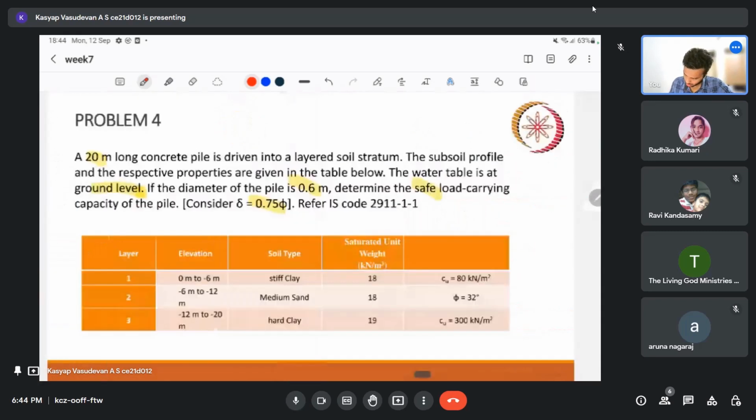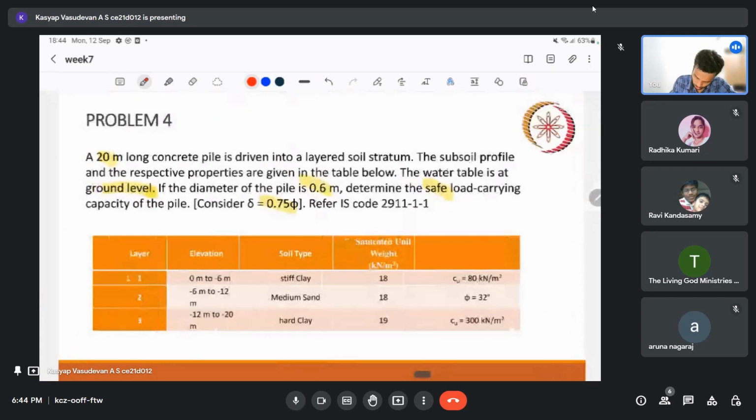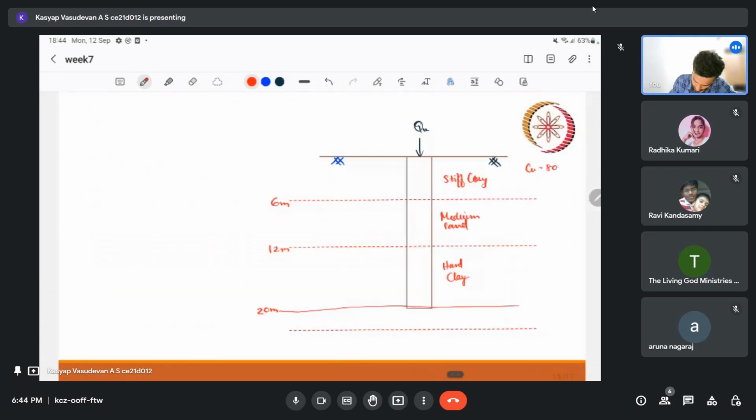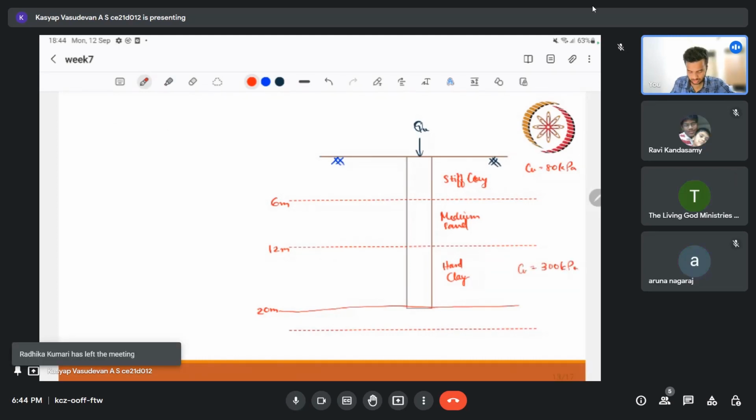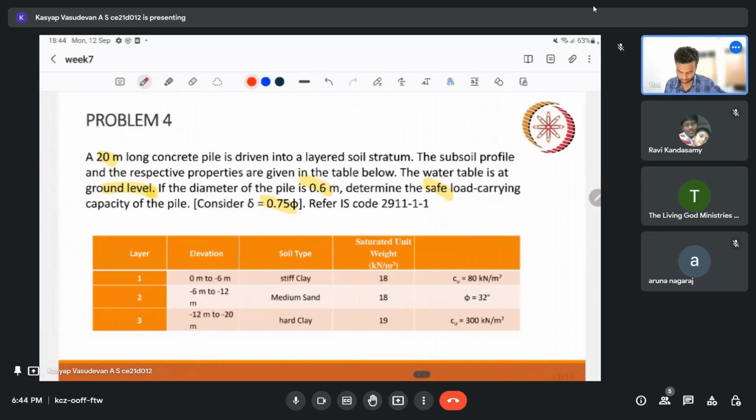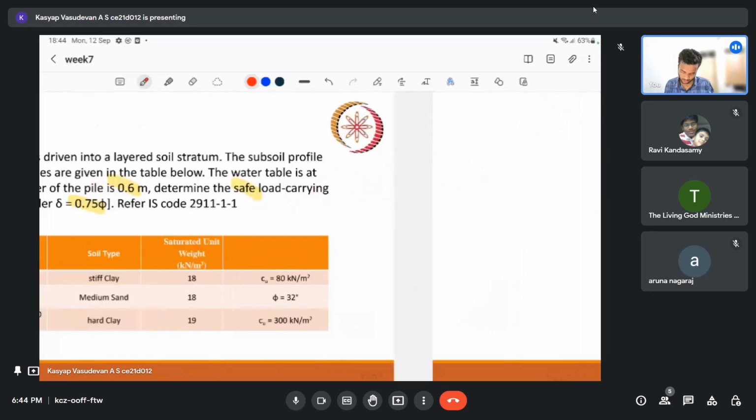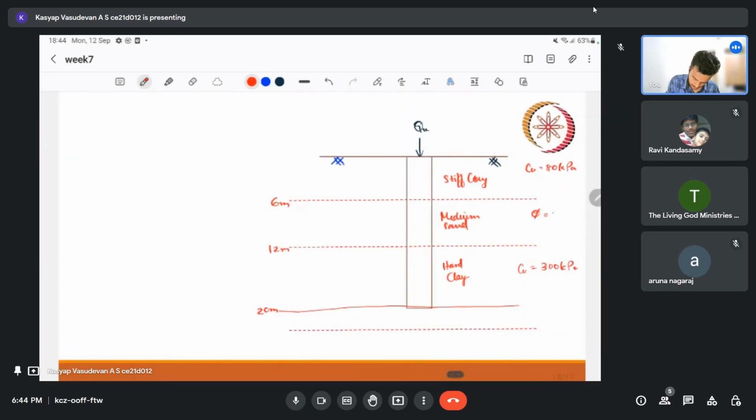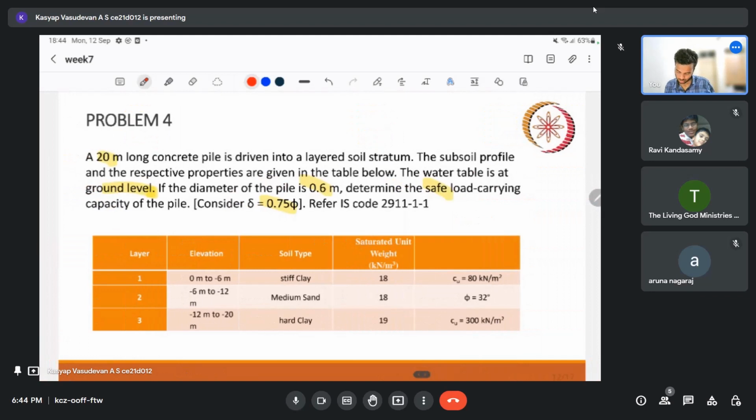And the cu value, this cu is 80 kPa. This cu is 300 kPa. That is quite high. That indicates it's a very good competent layer. Phi value is given as 32 degrees.